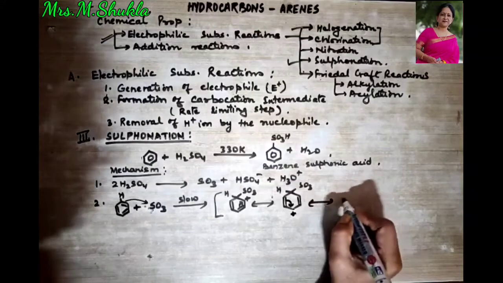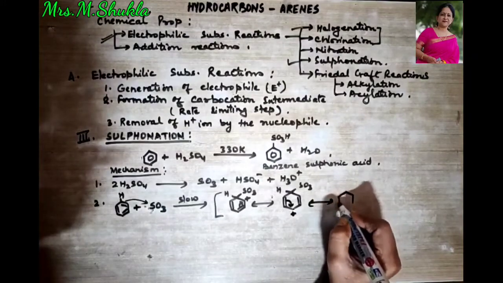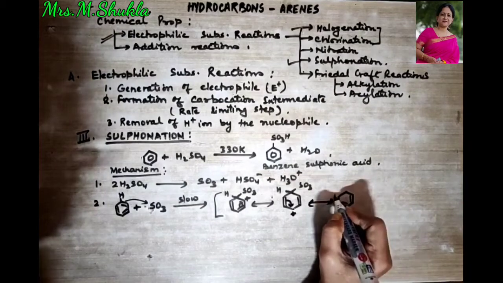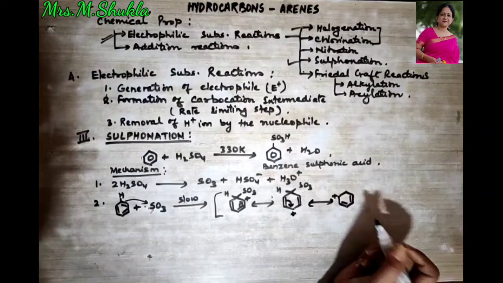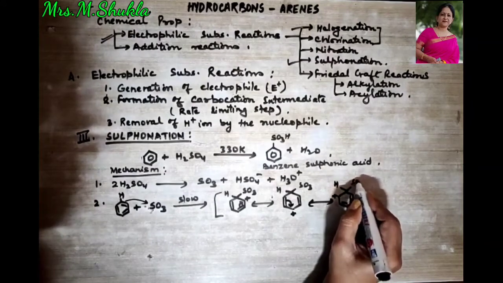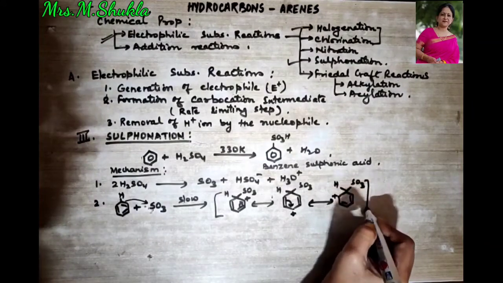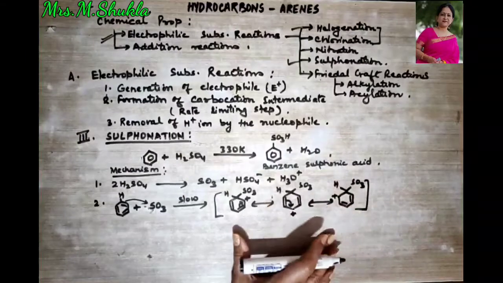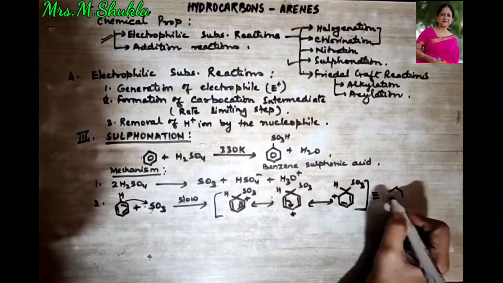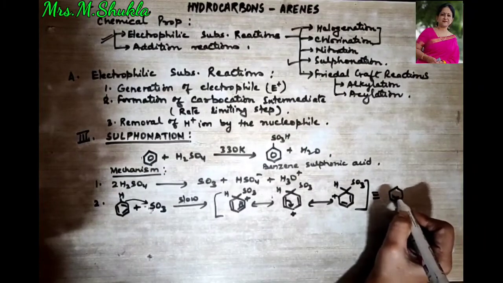So what is it going to show you next? Here and here we are going to see the double bond, and here the proton will come, hydrogen and SO3. So these are your resonance structures to stabilize itself. And what are we going to see the resonance hybrid as?